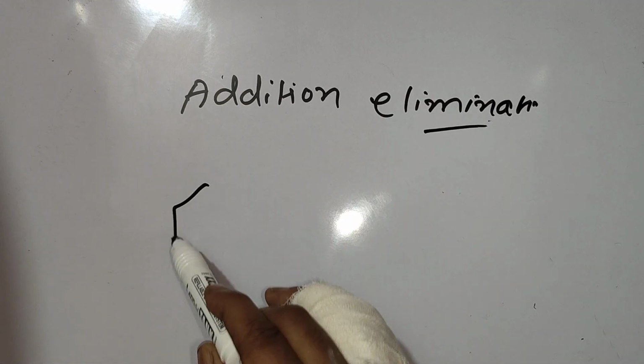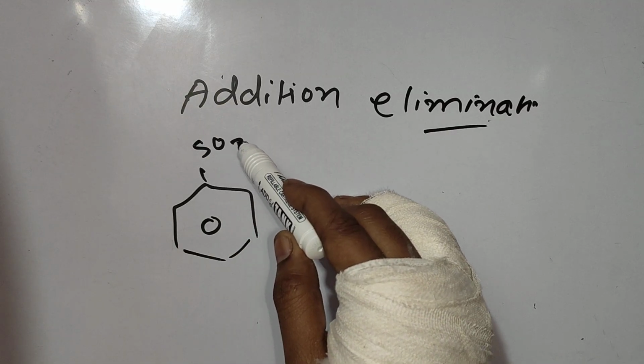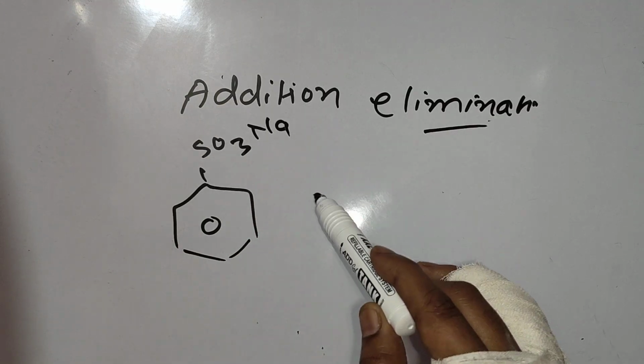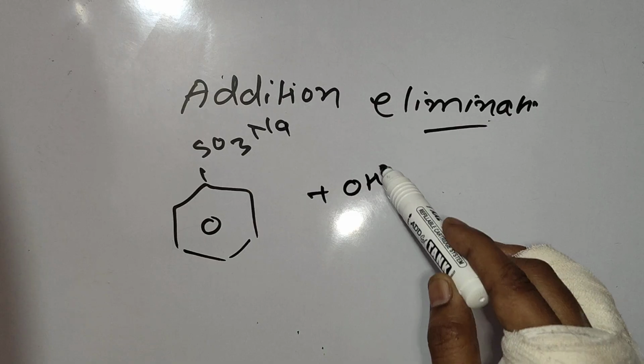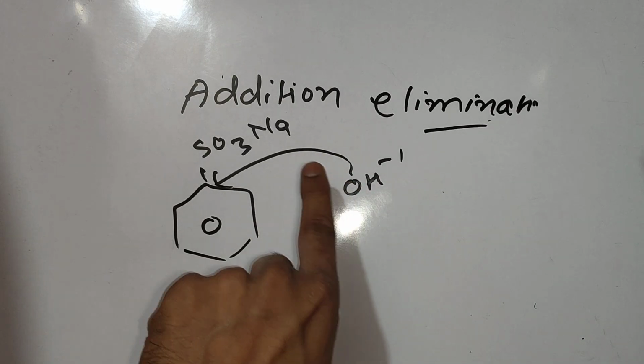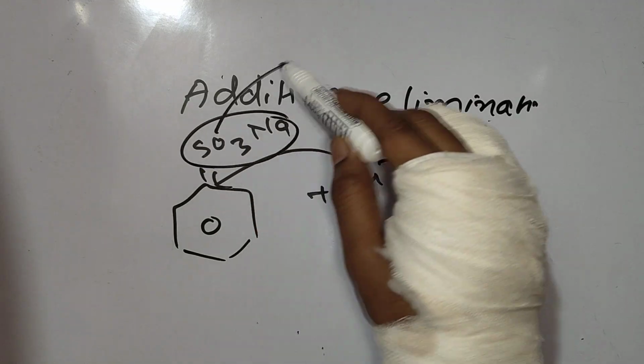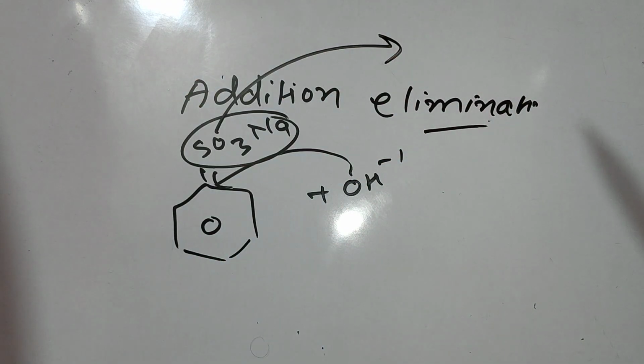Why? Because firstly you can check OH was added on this carbon. Am I right? First step, OH was added, and then secondly SO3Na was eliminated. So we are calling it addition elimination mechanism.